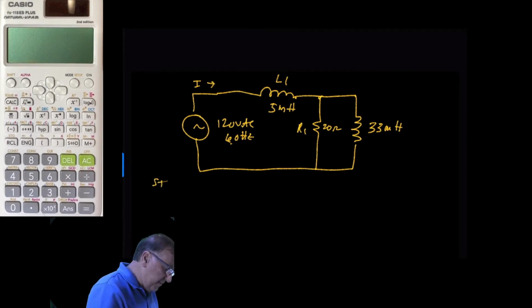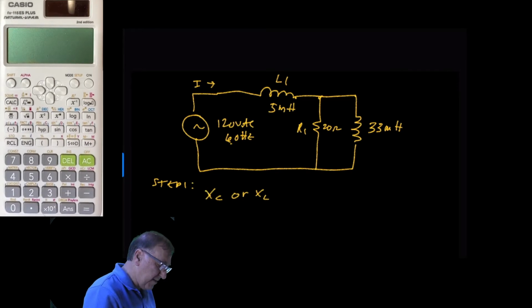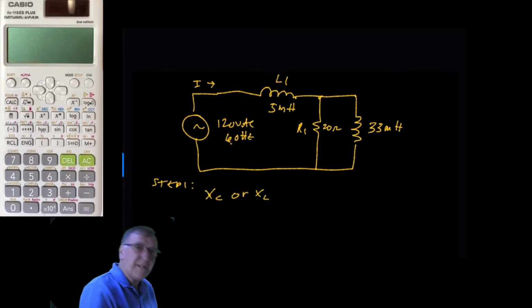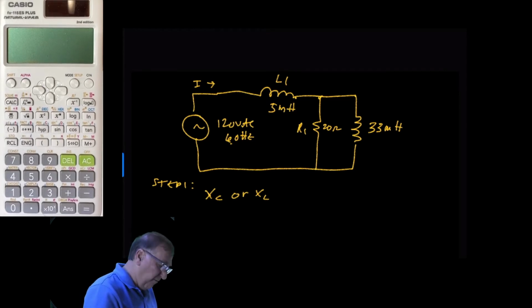So step 1: convert inductance and capacitance values to their reactance, which would be X sub C or X sub L. X sub C is the reactance for a capacitor. X sub L is the reactance for an inductor.